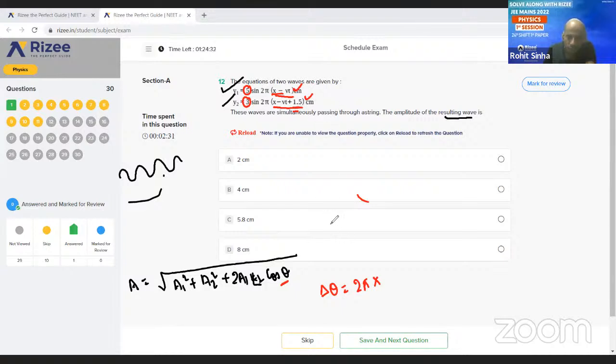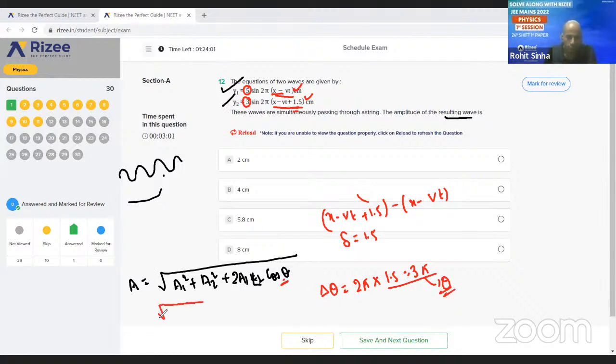Are you getting what I am telling? x minus Vt plus 1.5 minus x minus Vt, you will get 1.5. That will be the value of your path difference, 1.5. To convert that into angle, we multiply by 2 pi. We will get 3 pi. This is the value of theta. Put the value of theta here.